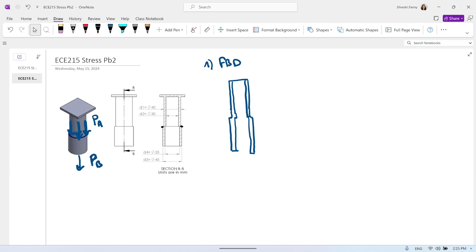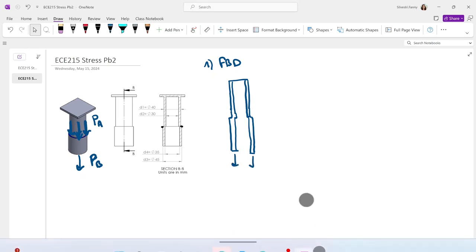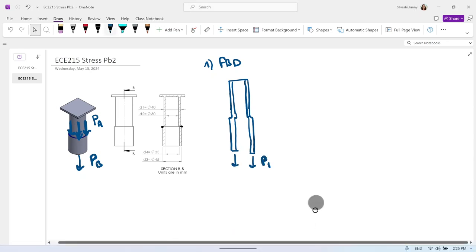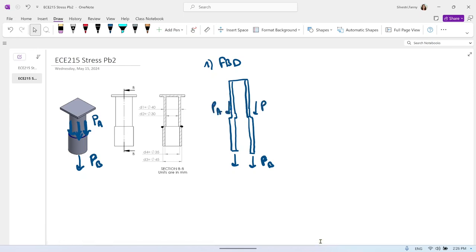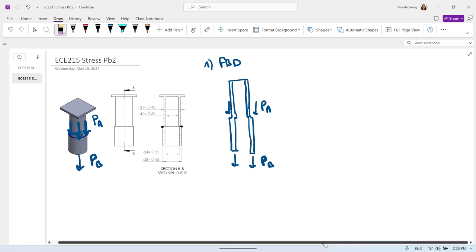If we add the forces that we know, PB on the bottom and PA there. This is just one time PA. It's applied all the way around, but it's just one time PA.